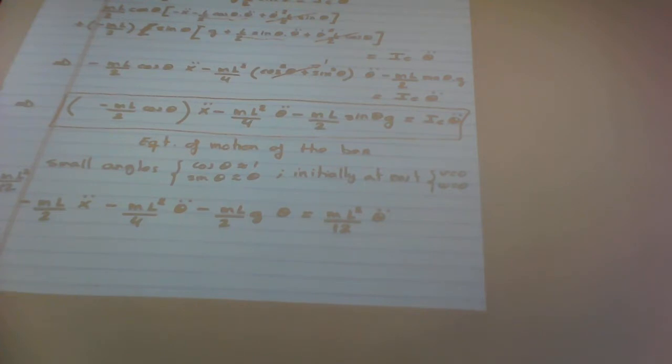Okay, so now what I will do is, I'm going to run out of space, but dividing by what? ML. ML over 2, or ML over 4. You can do either one, but personally I will divide this one because this one is more in function of the theta double dot, no?